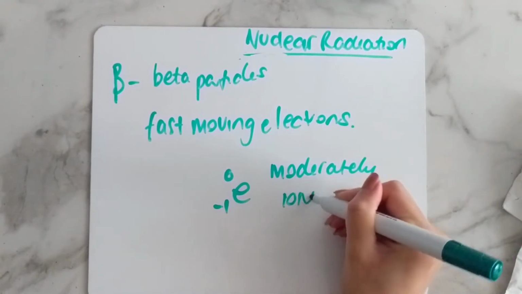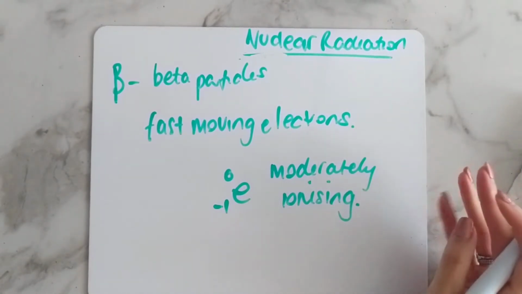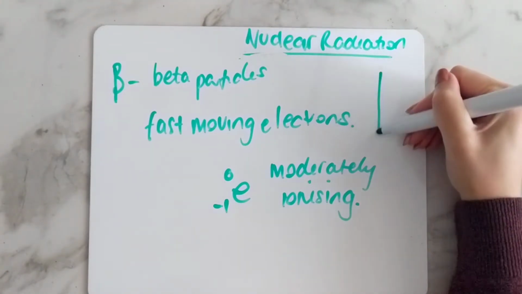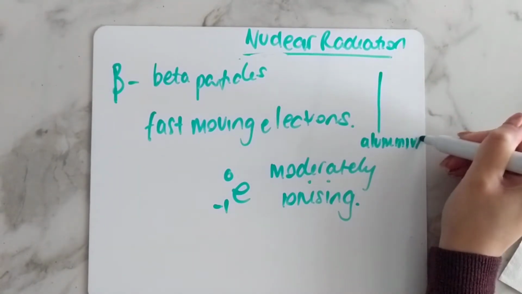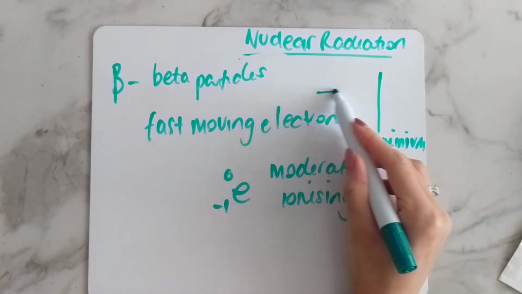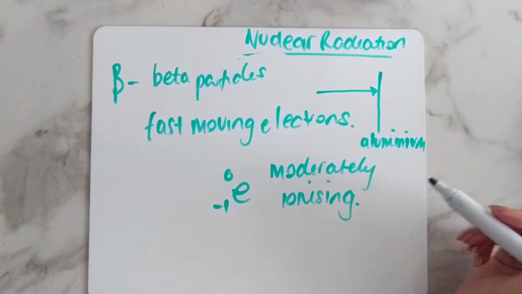So they're less ionizing than alpha, but they still do ionize. They still do cause other atoms to lose electrons and turn into ions. Now, beta can be stopped by a sheet of aluminium metal. So beta particles travel a bit further than alpha particles, but they're stopped by aluminium.